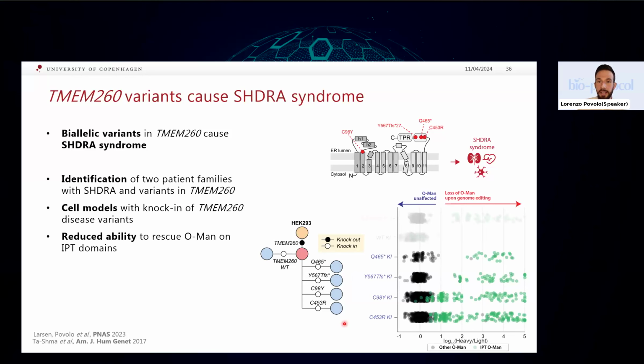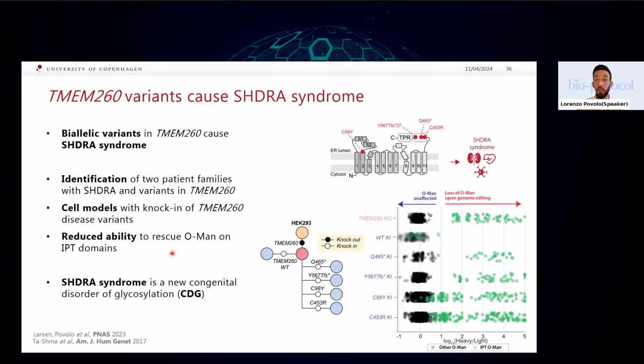And what I could see was that the four variants that I assessed had a reduced ability to rescue O-man glycosylation on these specific domains that TMEM260 targets. So this suggests that SHDRA syndrome is a new congenital disorder of glycosylation. Therefore, this gives you an idea of how glycoproteomics can shed light also on human disease mechanisms.